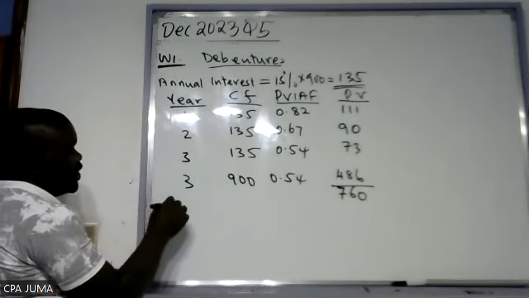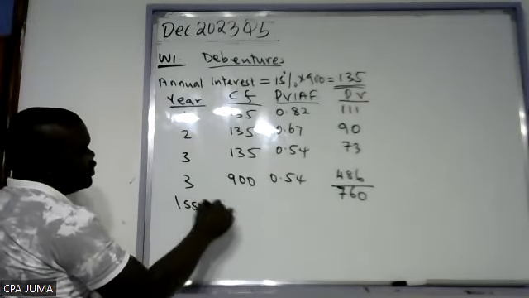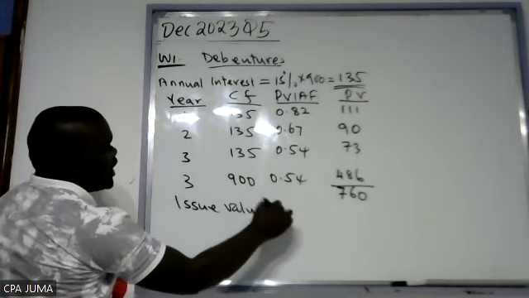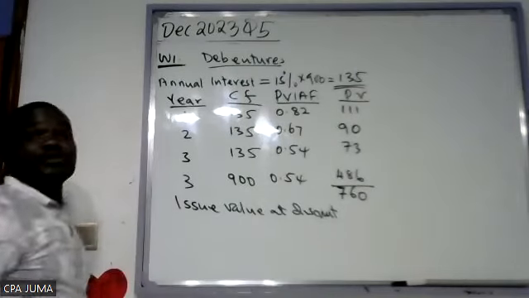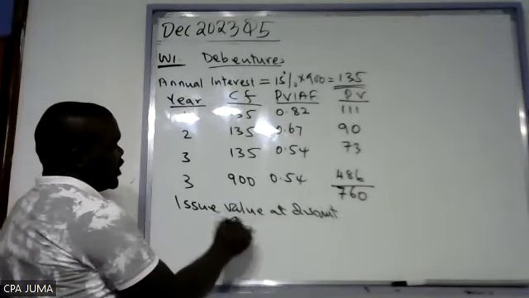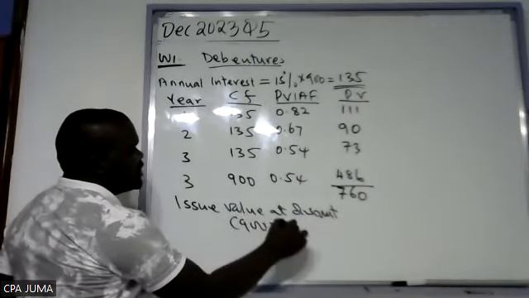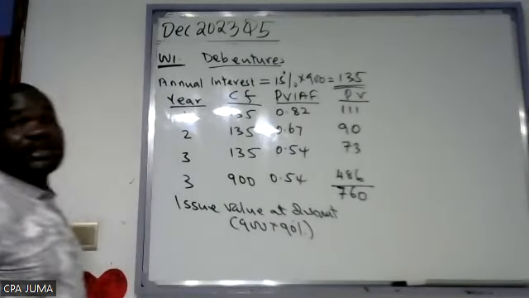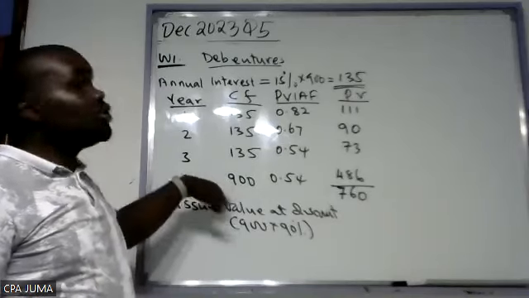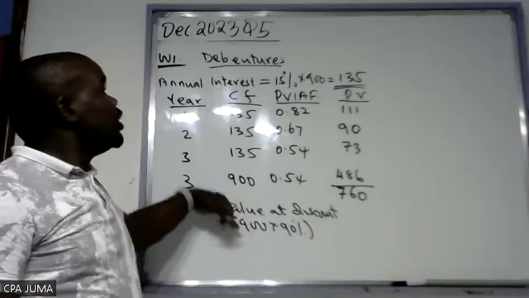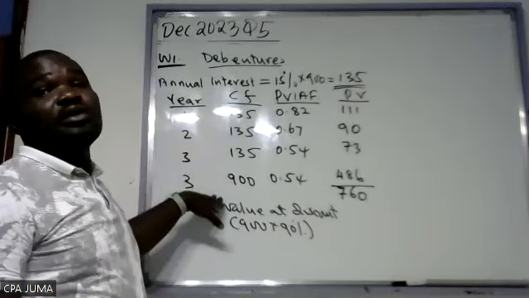But issue value at discount. They were given at a discount of 10%. So they were given at 900 times 90. That is what the examiner said. They were given at a discount. Well, you know, redemption, you redeem the principal value. Interest is based on the nominal.